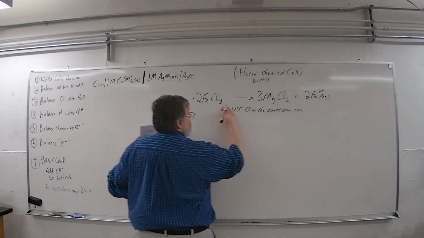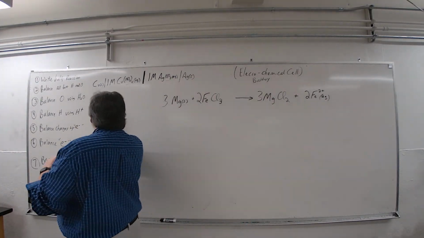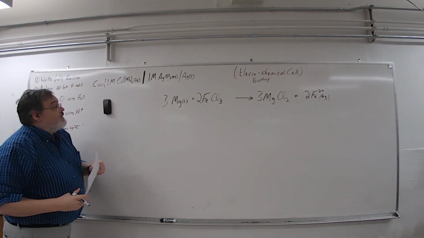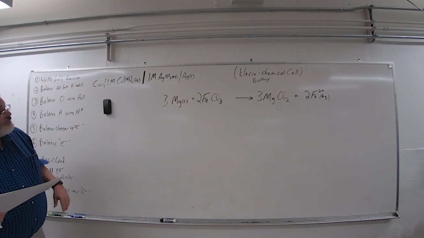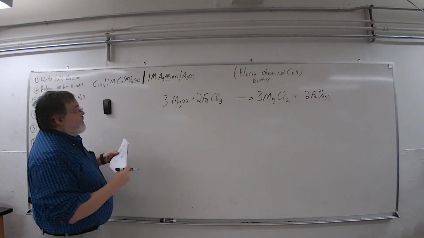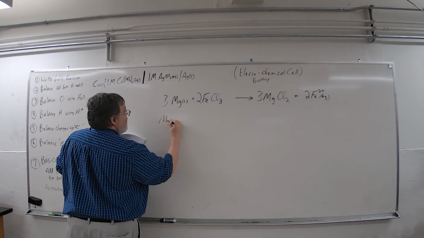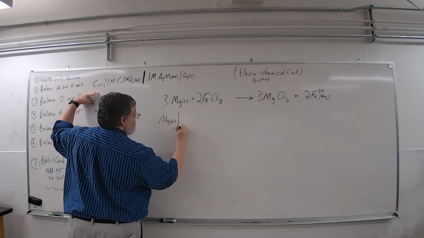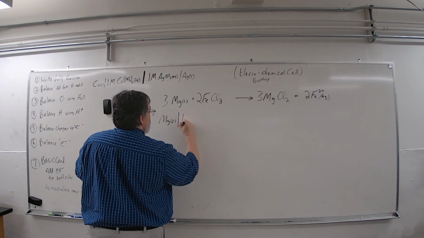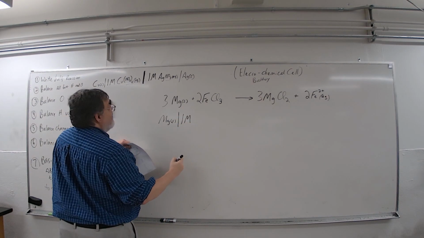But now what we're going to say is, all right, can you see how to make this? Is my point. So you would just start with Mg solid, skinny line. We'll assume this is still standard.